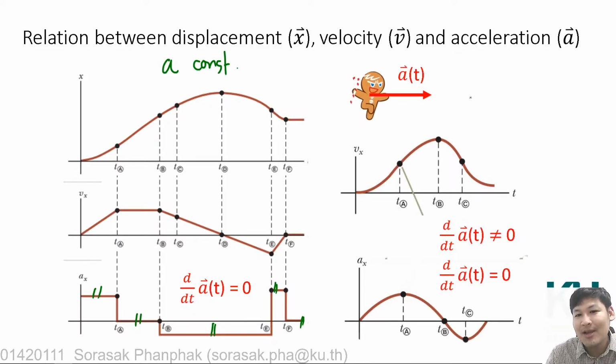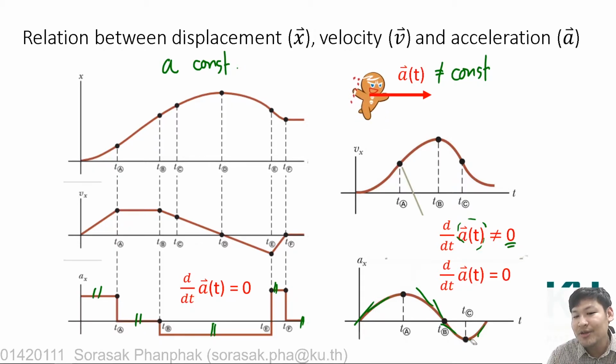But from the second one, this is not constant. It changes with time. So in each individual period, the acceleration keeps changing. I mean, if you differentiate the acceleration with time, it's not equal to 0.